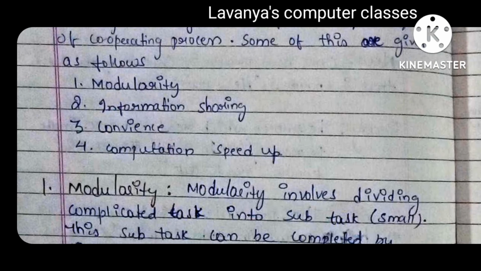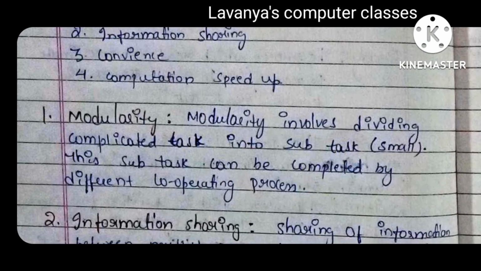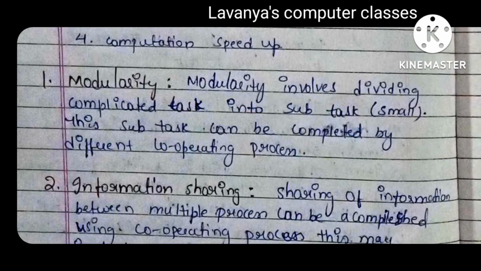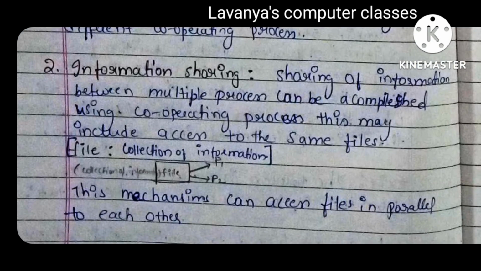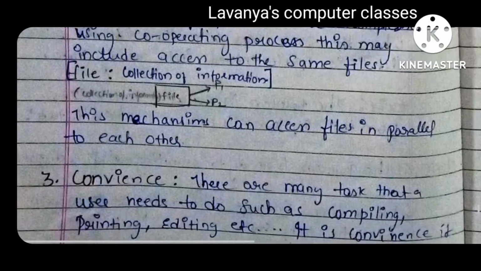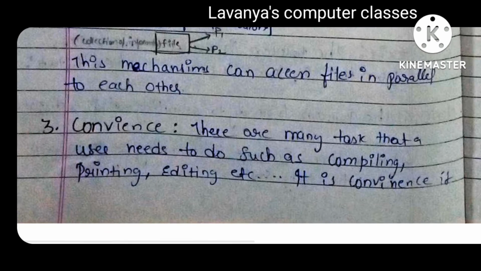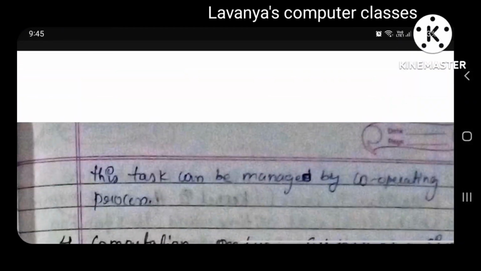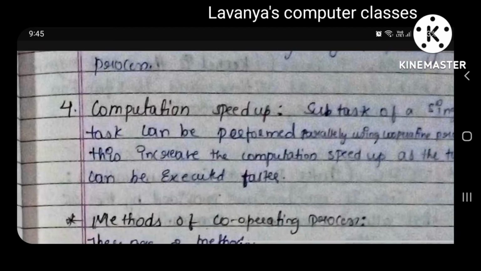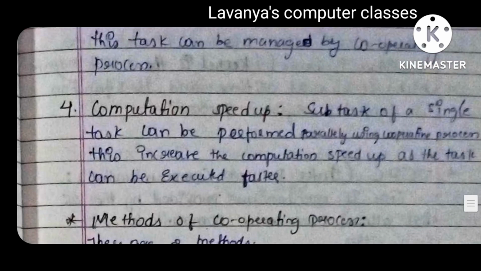Explanation of each and every feature: modularity, information sharing, convenience, computations.